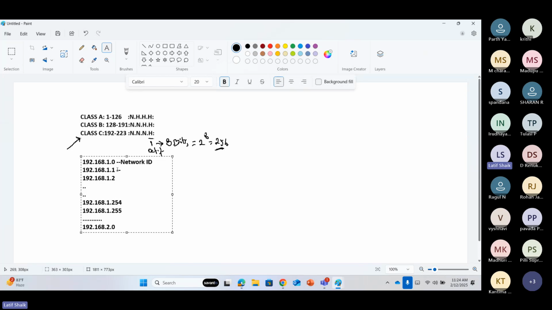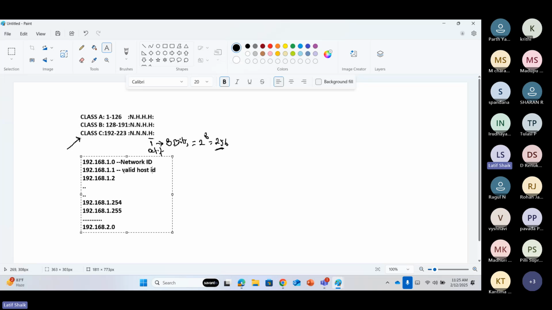So 1, 2, 3, 4, 5, like that you can start giving IP addresses to your devices: laptops, desktops, servers, printers, and other network-connecting devices. That is called a valid host ID, which means you can assign it to any device.